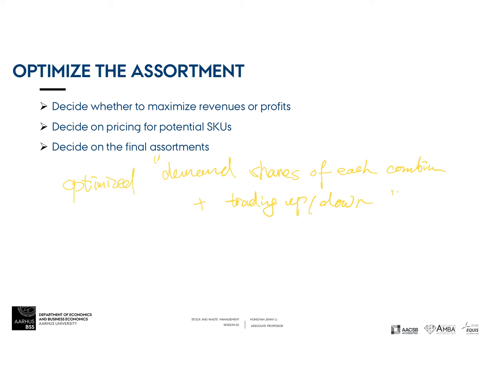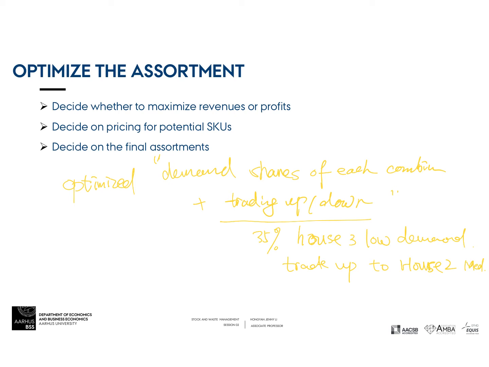Based on the updated information, we actually find that 35% of the house 3 low demand SKUs actually trade up to house 2 medium SKUs.